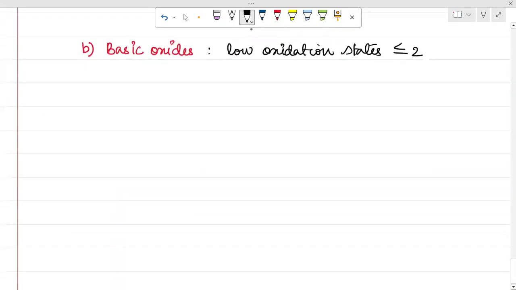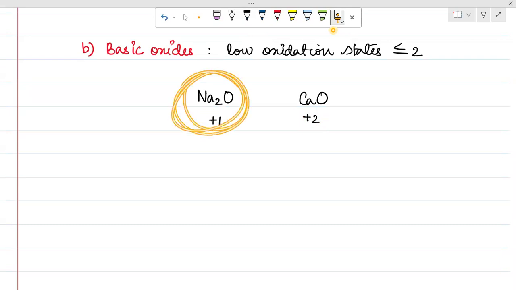For example, if you take Na2O and CaO, both of these are basic oxides. If you compare these two, the oxidation state on Na is +1 and here it is +2. +1 means only 1 electron is less, +2 means 2 electrons are less. So this species will have more tendency to donate lone pair of electrons, and hence this is more basic.